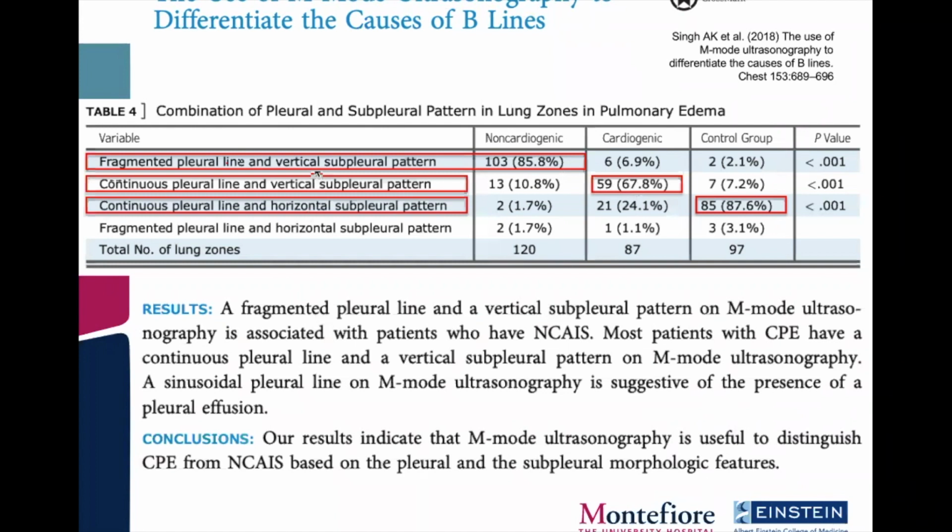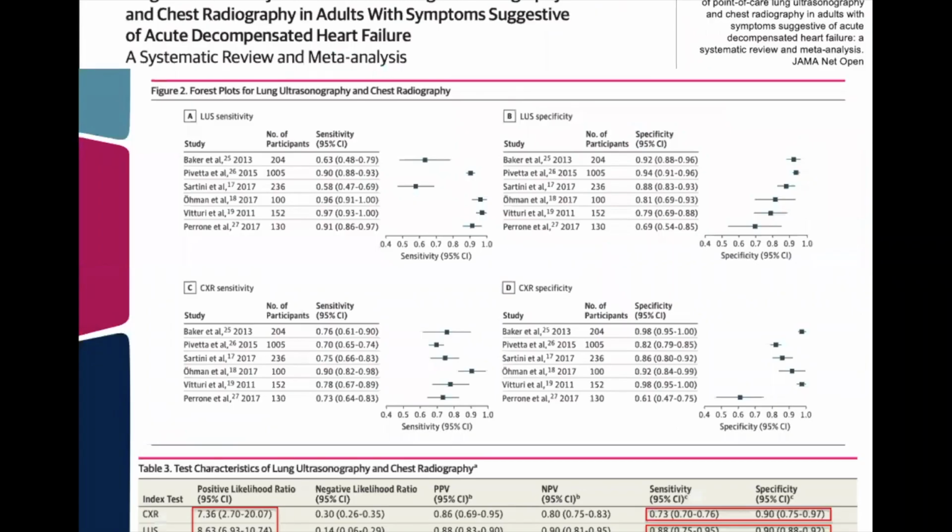Continuous pleural line with a horizontal subpleural pattern was the control group, which is all healthy. So, using M mode, interrogating the pleural line and the subpleural pattern can help guide sonographers and intensivists as to what is the etiology of the pulmonary edema, the B lines, cardiogenic or non-cardiogenic.